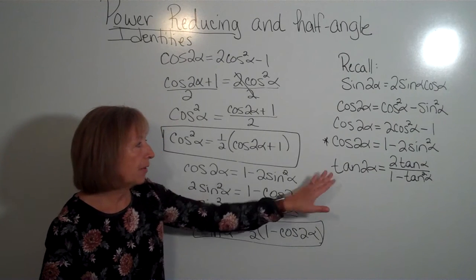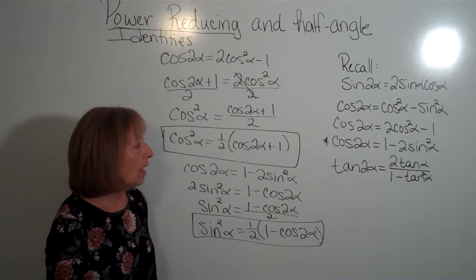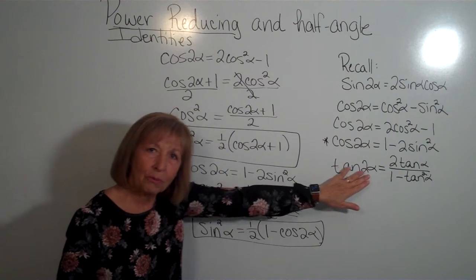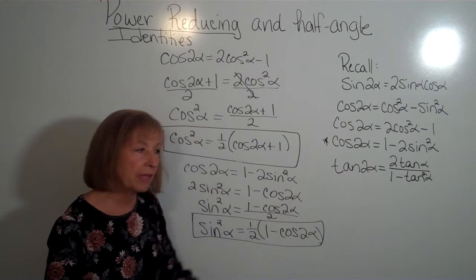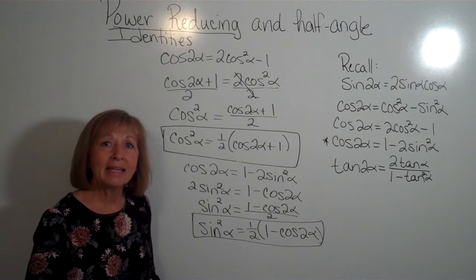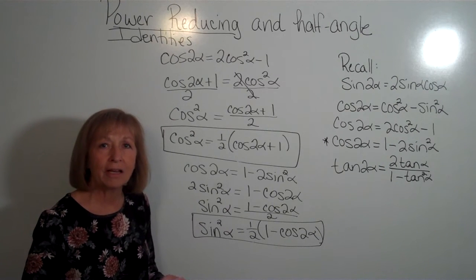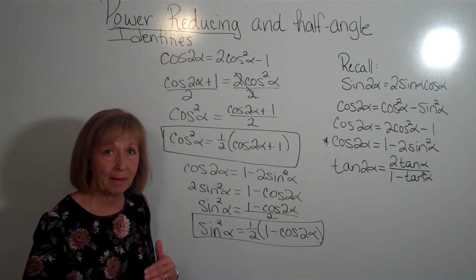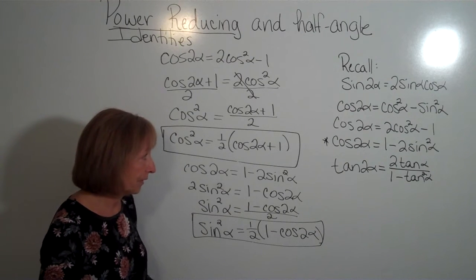And then what about the tangent of 2 alpha? Well, I don't want to mess with having to go through and rearranging this whole thing for the power reducing because I also know that my tangent of an angle is equal to the sine of the angle divided by the cosine of the angle.